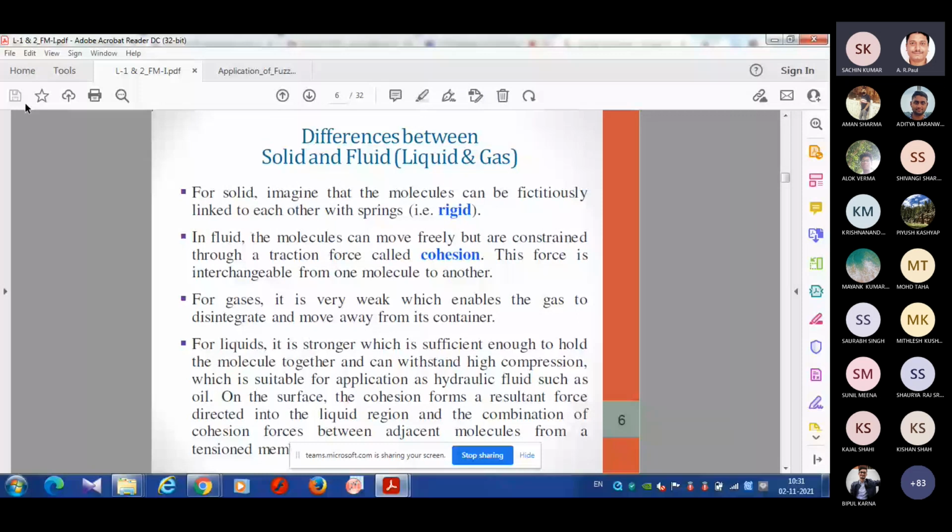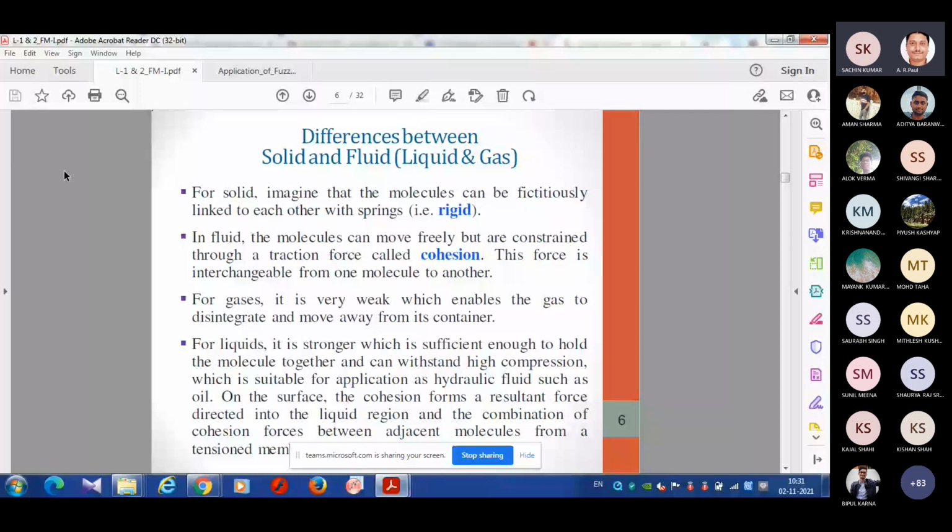We have also seen, in the case of fluids, two intermolecular forces: cohesion and adhesion. Cohesion forces are the attractive forces between molecules of the same fluid, and adhesion forces are the attraction between molecules of two different objects.